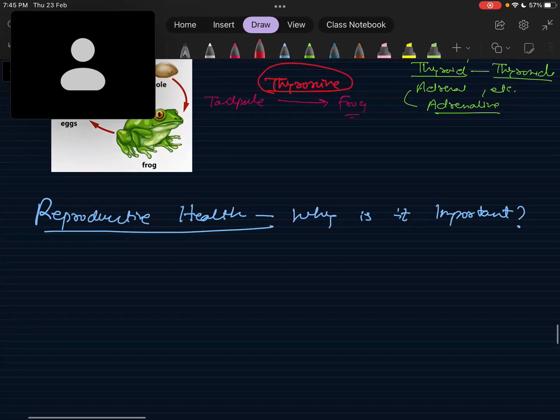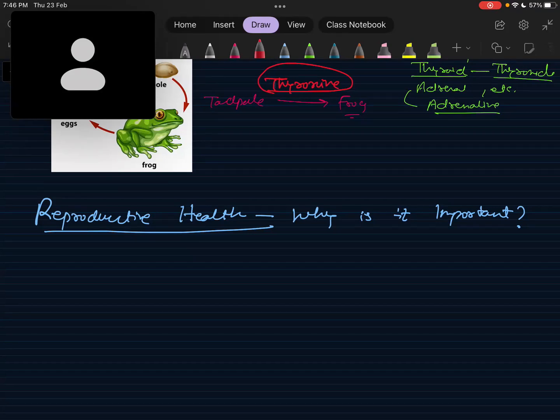Now, with the process of reproduction, there are some health concerns associated. Why is reproductive health important?